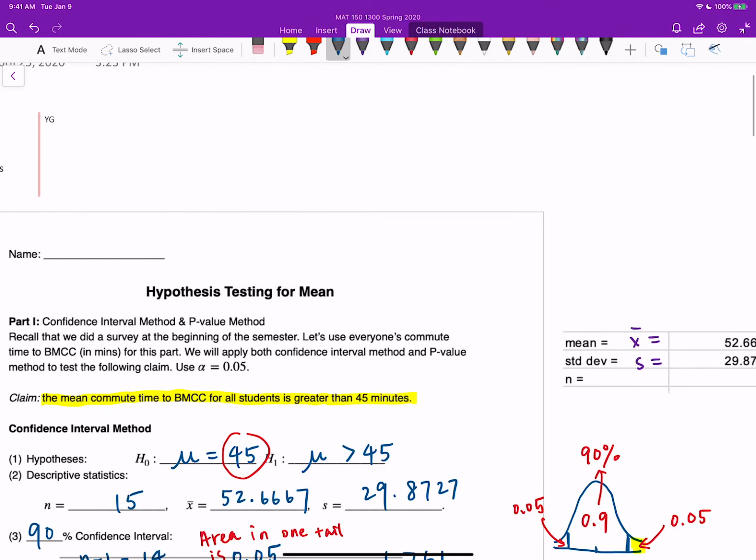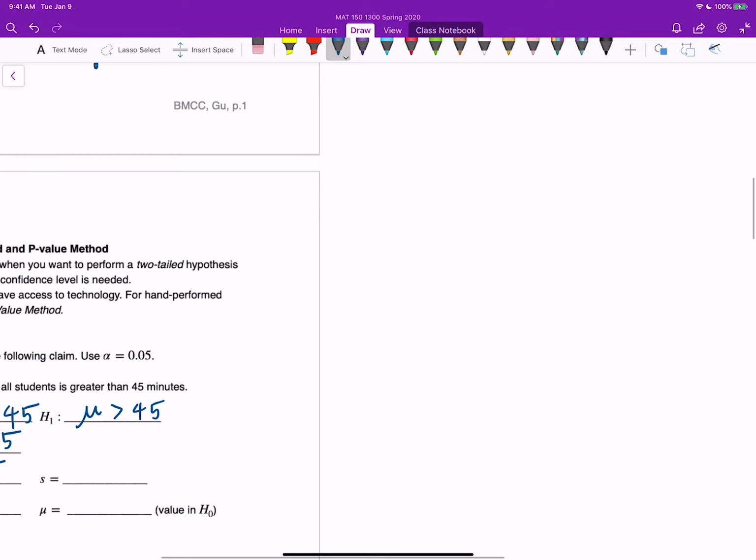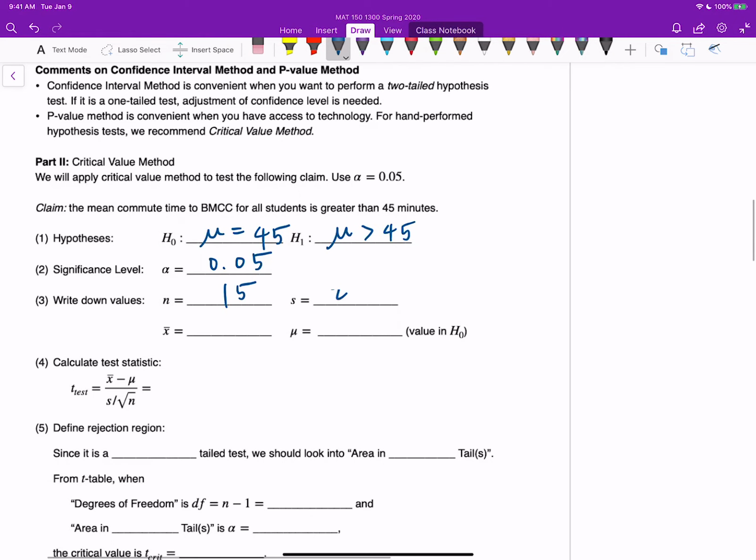It's right here, the commute time standard deviation, 29.8727. Then we have the sample mean, 52.6667. And finally we have mu, which is given by the value in your null hypothesis, and that's 45.